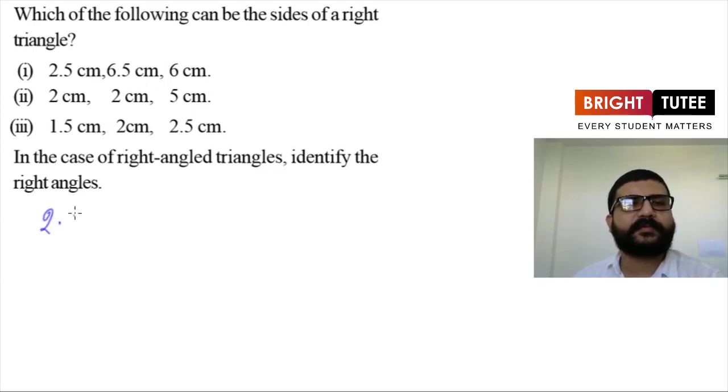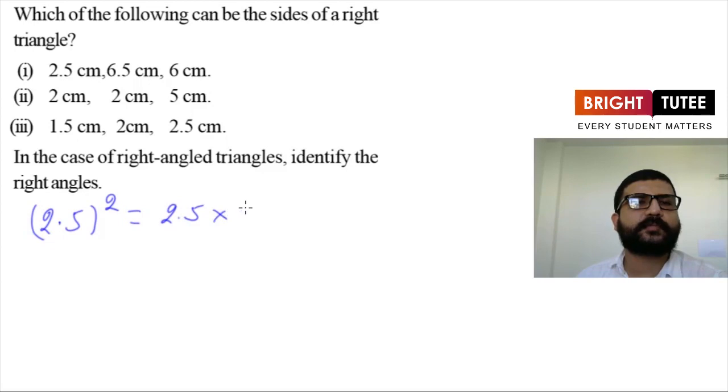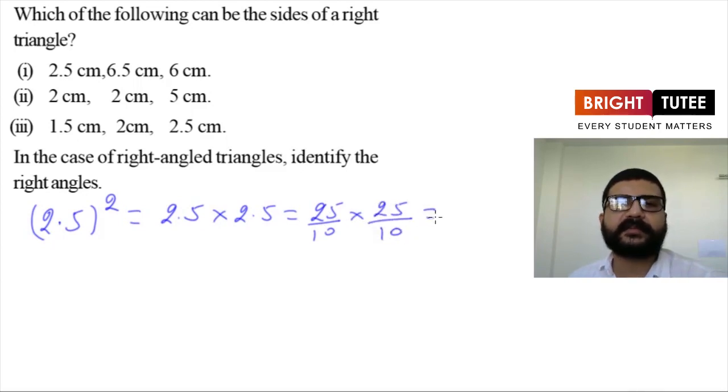So what will be 2.5 square? 2.5 square means 2.5 into 2.5. This can be written as 25 upon 10 into 25 upon 10. Now 25 into 25 is 625 divided by 100. So this is basically 6.25.